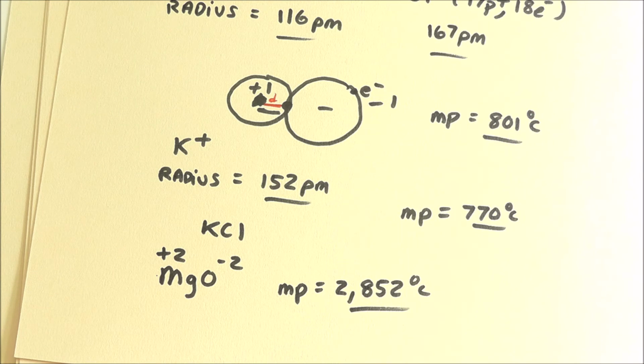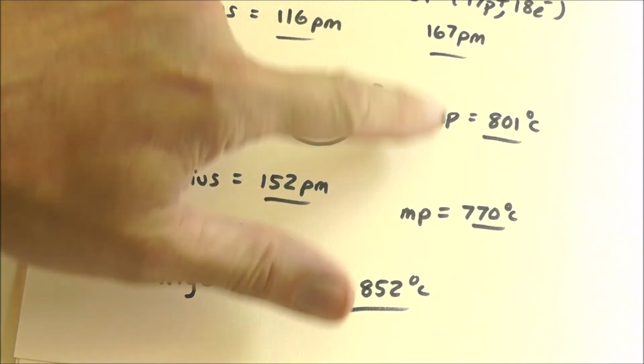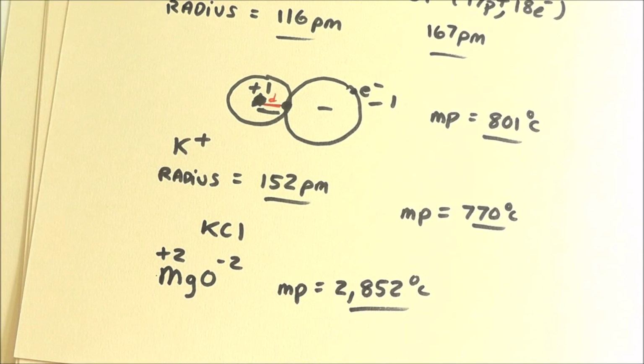It decomposes before it melts at like 2200 or something. So basically, folks, the closer you can get the charges and the bigger the charges are, the higher the intermolecular forces. And by the way, all these melting points we've been talking about have been certainly higher than room temperature. So you see why we're not really going to talk much about ionic bonding until we get to solids, because it takes a huge amount of energy.